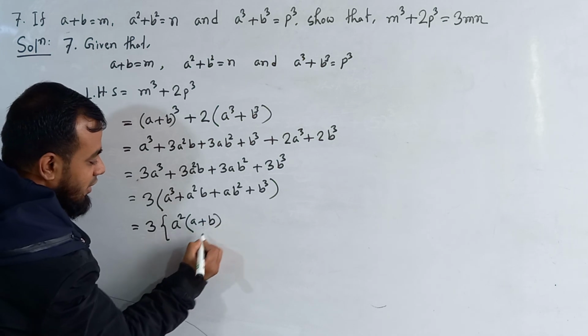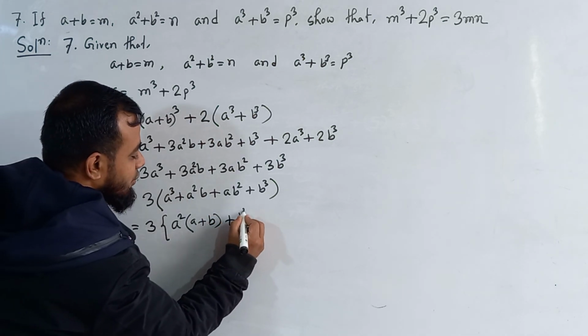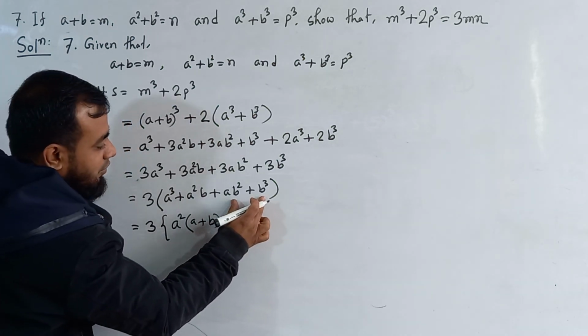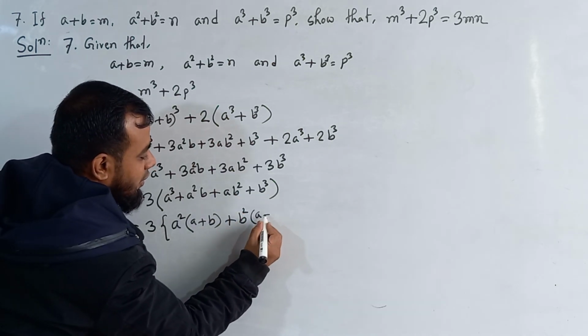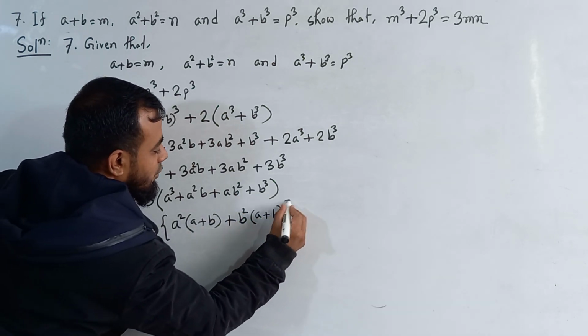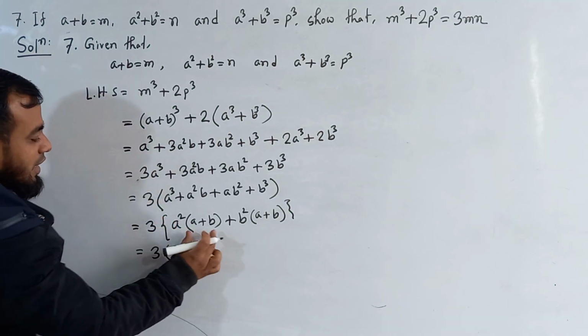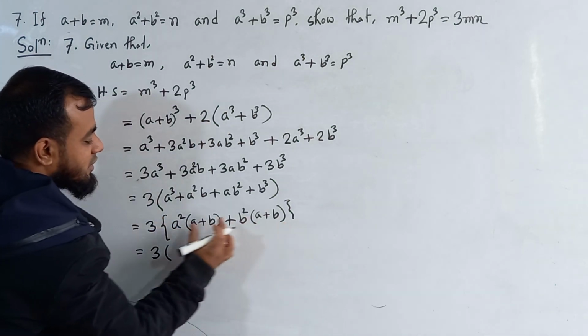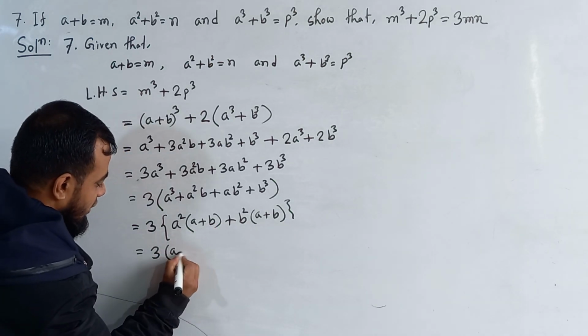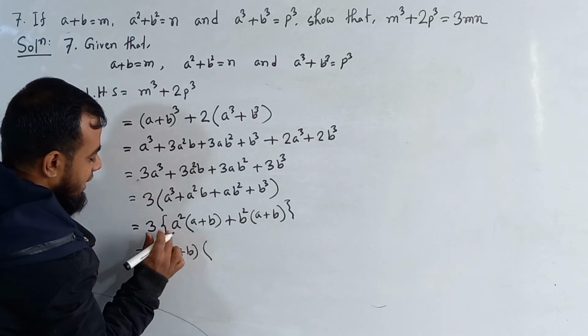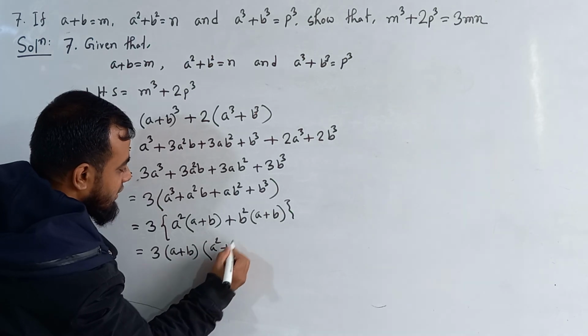Plus we can take b squared as common from the third and fourth term. It will be a from the third and b from the fourth. Second bracket close. Now 3 multiplied with a plus b, we can take a plus b as common, and we will have a squared plus b squared.